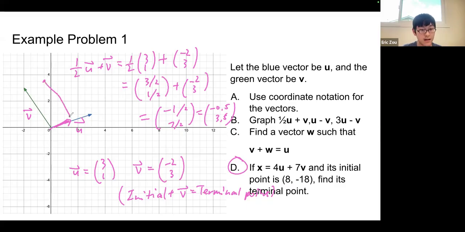So if you draw these, okay, I can't draw, but if you're an artist, this in total would be half of u plus v. Or you can send the answers in chat for maybe C and D.